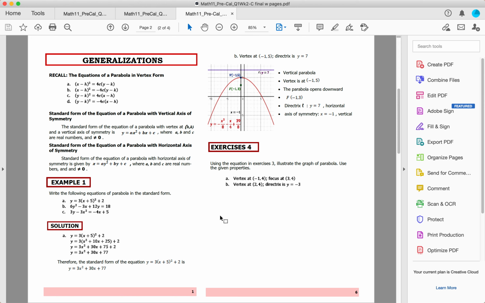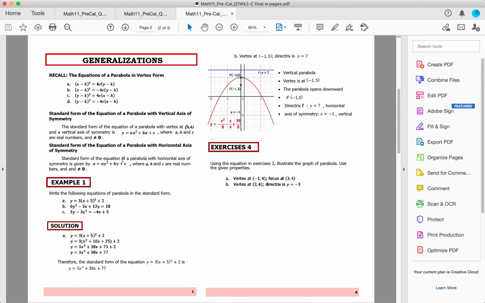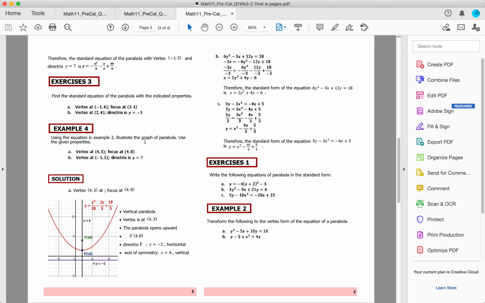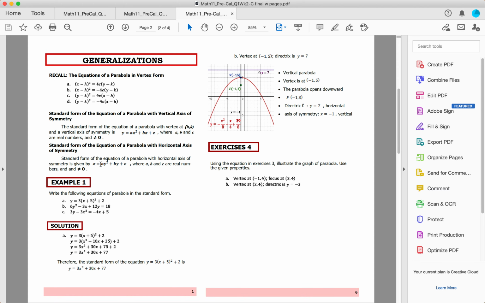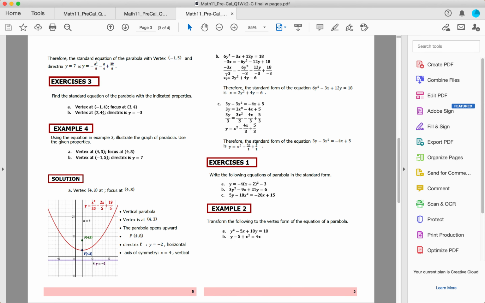Okay, for this part now, page 2. So 6y squared minus 3x plus 12y equals 18. So you simply have to rewrite this here that way. Since the standard form is x equals ay squared, what we want is an equation that starts with x, and the rest would be here.